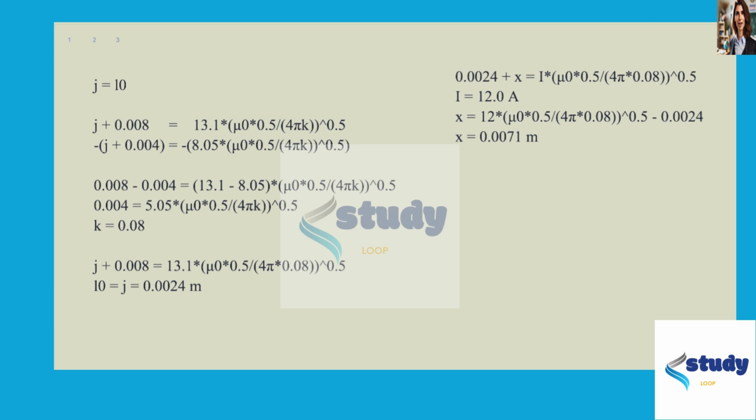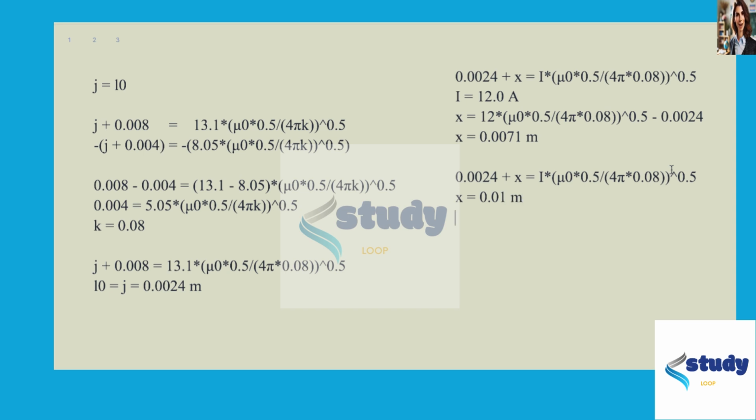Now for part C, we're asked what current is required for each spring to stretch 1 centimeter. So this is just the reverse case of this, where instead of having I and solving for x, we're told x and we want to solve for I. So starting with this same equation again, but now we know x is 0.01 meters because it's 1 centimeter.